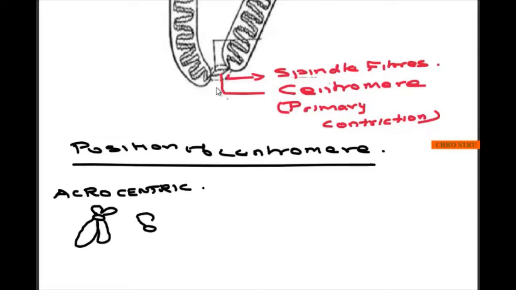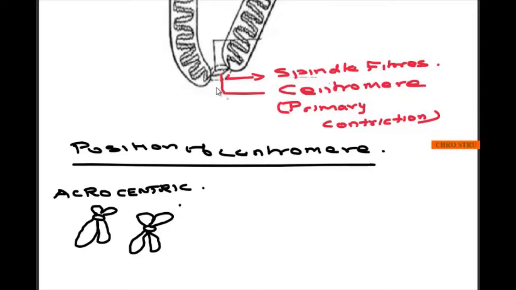Then you will have two unequal arms, that is, the centromere will lie not exactly in the middle, but near the middle.